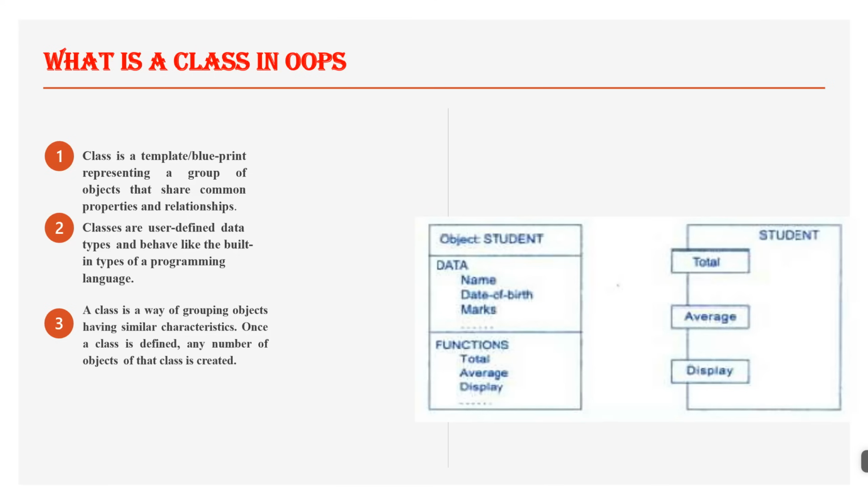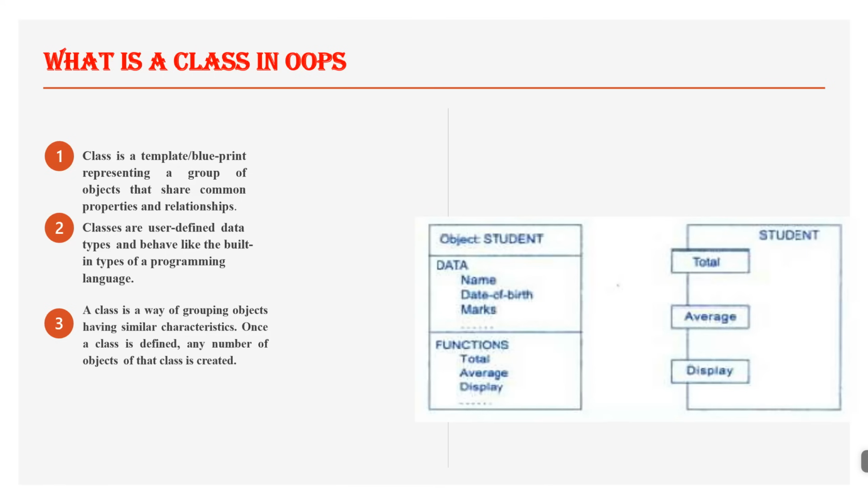Now, classes are user-defined data types. Another very important point. Why do we need classes? Because we need to define an object. Why do we need object? We found the limitations in the procedure-oriented language wherein the data types are not as per the user defined.